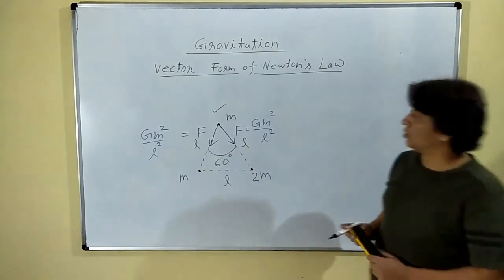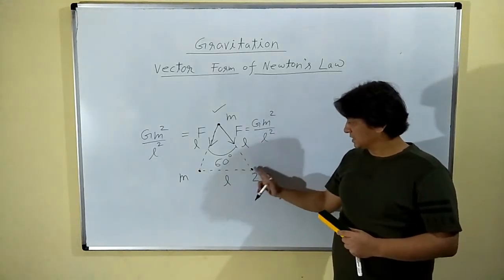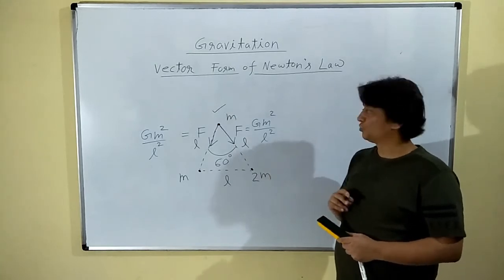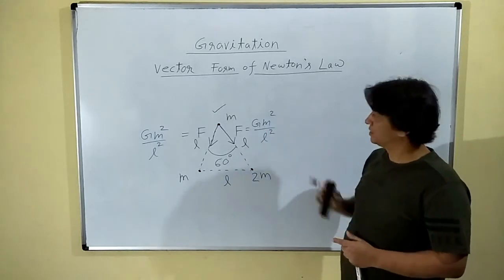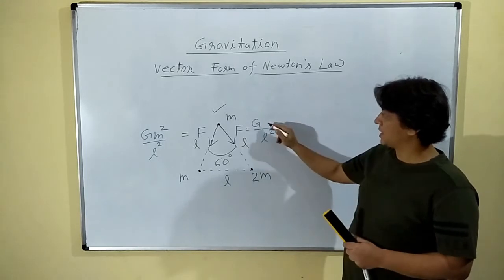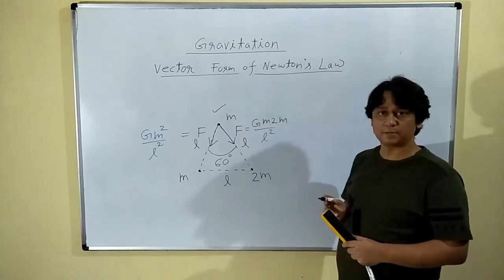अब अगर अपने को ये दिया हुआ है that this mass is 2m, तो फिर पहली चीज, this thing will not be m square. This thing will be what? M multiplied by 2m.